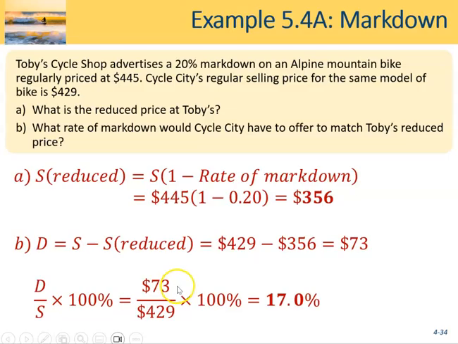Discount amount, $0.73. Original selling price at Cycle City is $4.29. Multiply that by 100% to get it in a percentage, and that is 17%.